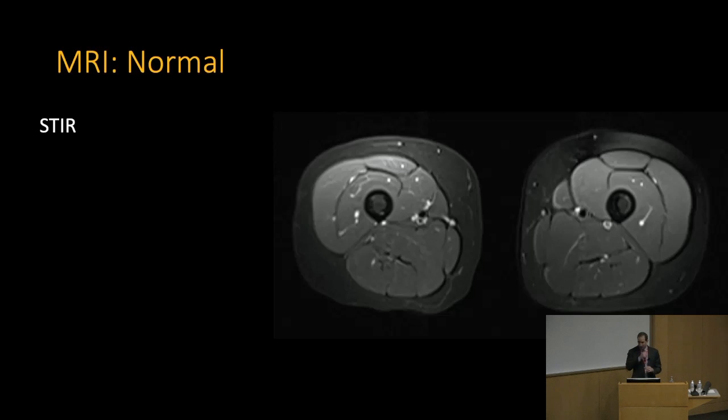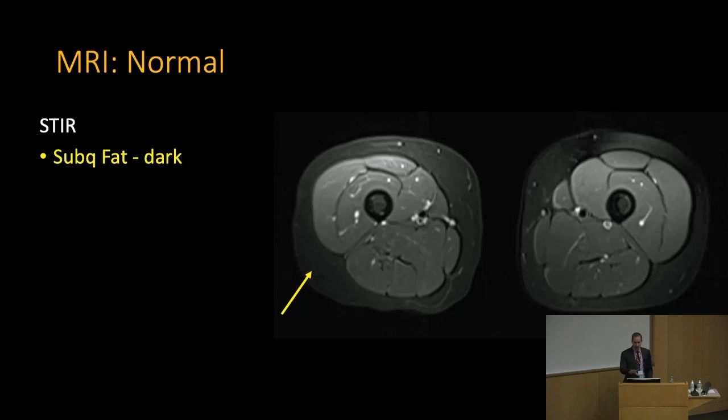So it changes the grayscale of the imaging so that anything bright will be more apparent to the reader. So if you notice, the subcutaneous fat is gray, is dark on this image. If you just did a regular T2 weighted image and didn't change anything, fat would actually be white. So the fat in here is suppressed.